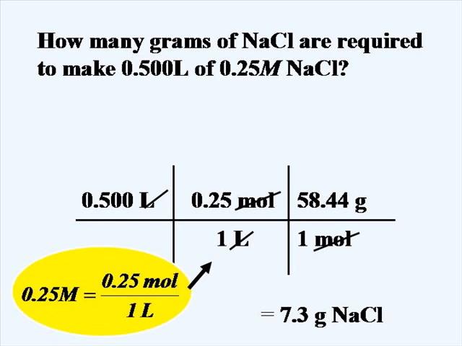Once we've converted to moles, we then convert to grams using the molar mass of sodium chloride. The answer, 7.3 grams of sodium chloride, tells us that if we put 7.35 grams of sodium chloride in 0.5 liters of solution, we will have made a 0.25 molar sodium chloride solution.